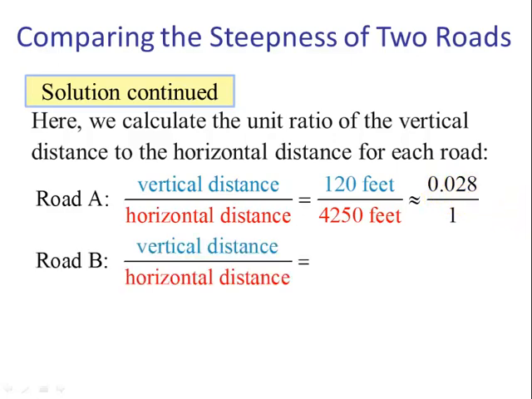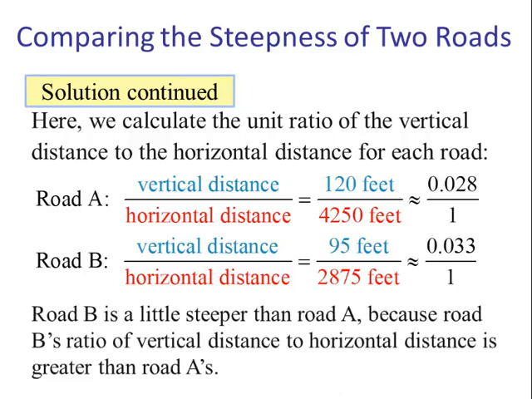For road B, the vertical is 95 feet over horizontal, which is 2,875. Again, the units cancel, and we're left with 0.033 when we take 95 and divide it by 2,875. So we see road B is a little steeper than road A because its ratio is larger.